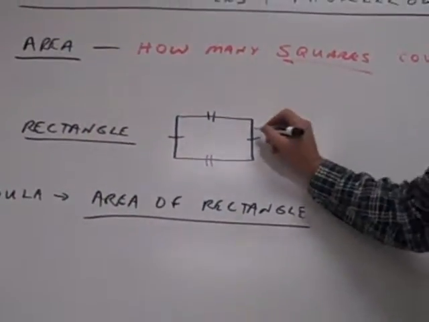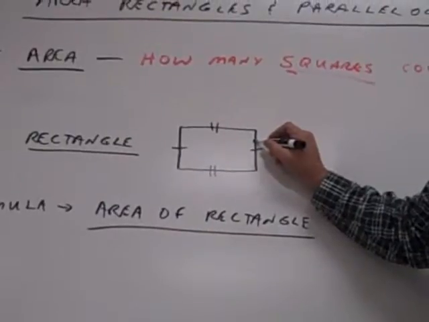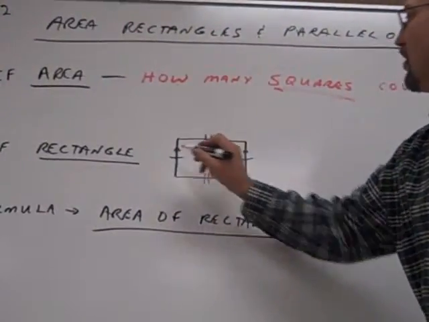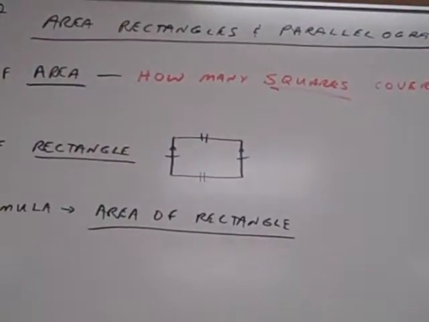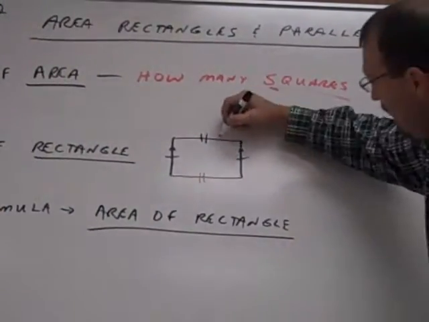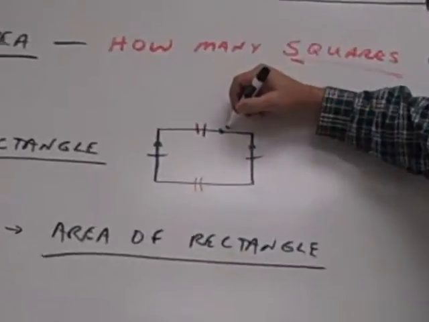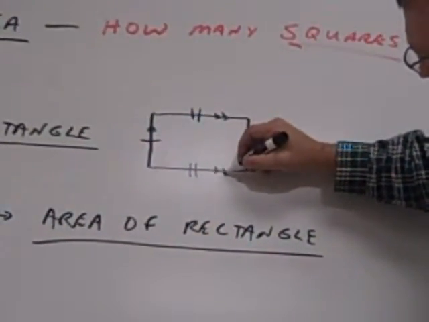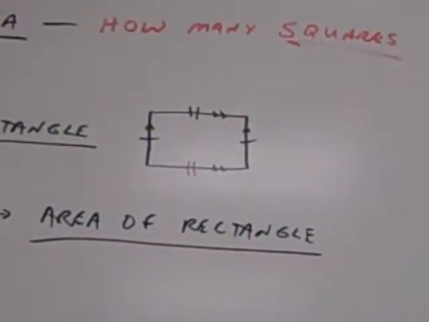I'm going to put on this side an arrow, and on this one arrow. That shows that they are parallel. And on the top and bottom, I'm going to put a double arrow, which shows those sides are parallel.